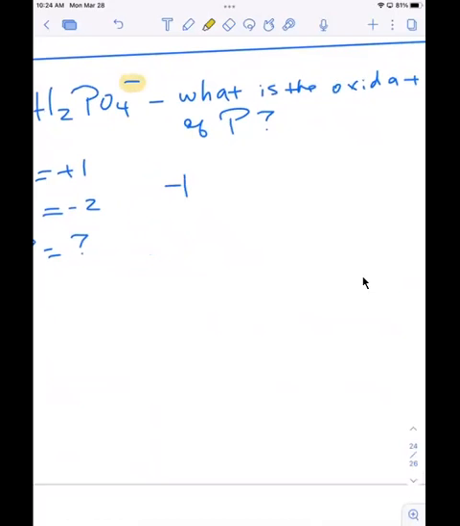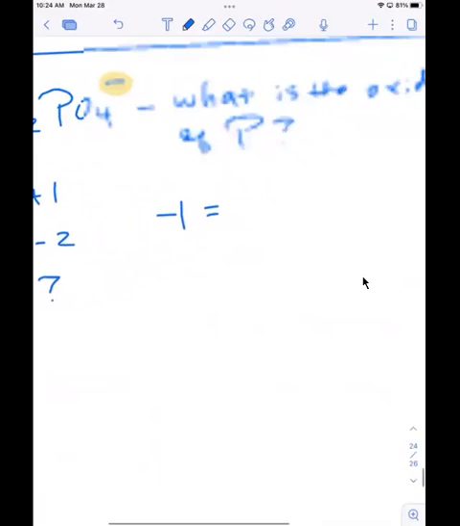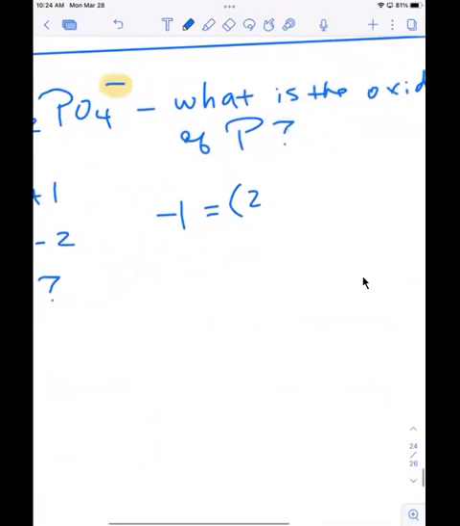Excellent. And then we'll set that equal to, how many hydrogens do we have? Because we've got to keep the numbers consistent. So it's going to be 2 times +1, because we know the oxidation number on hydrogen, if it's in a bond with a non-metal, is +1.